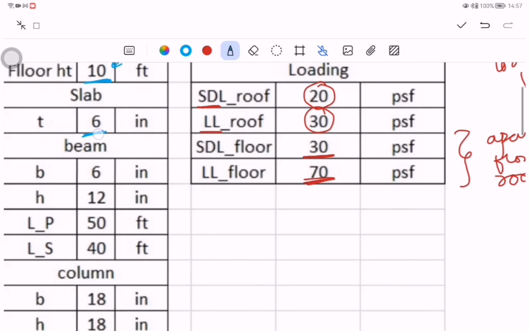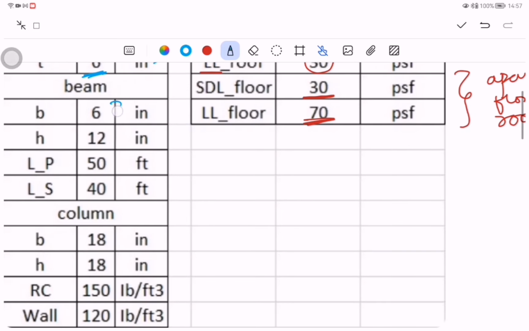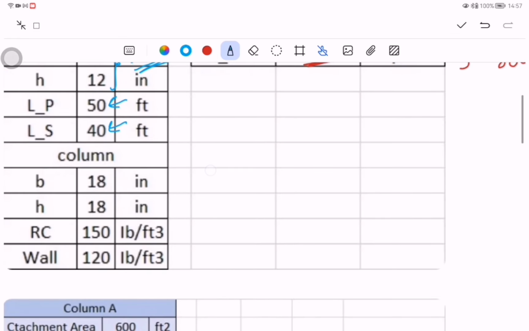A 6 inch slab thickness is given, so the self weight of the slab will be considered through this, and the dimensions of the beams are given, so the self weight of the beams will be considered through this. The length of primary beams and the length of secondary beams are given, the dimensions of the columns are also given, and obviously the density of concrete and the density of the wall.